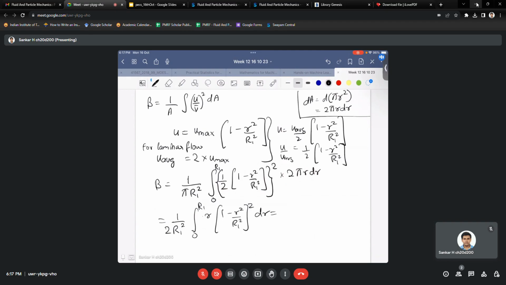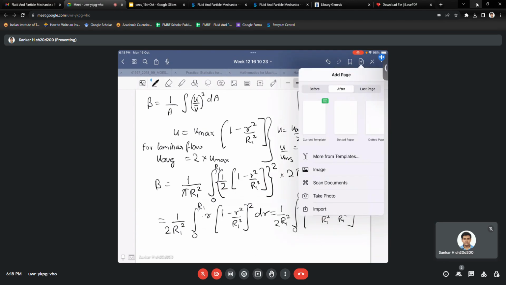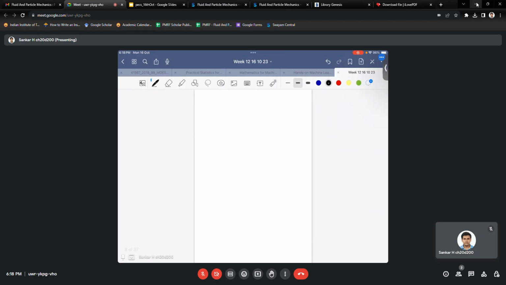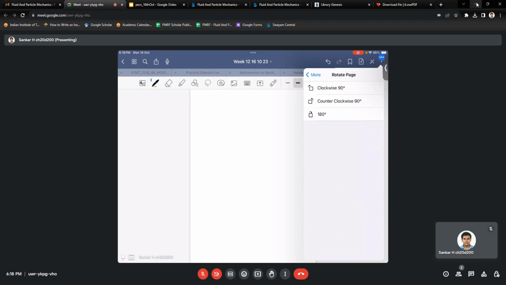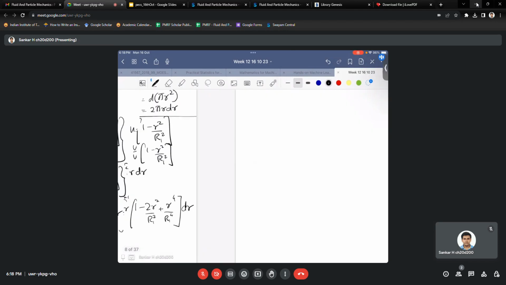Before we integrate, let me expand what is written in that. The integral from 0 to r1 remains the same. Let me write this as 1 minus 2 r square by r1 square plus r raised to 4 by r1 power 4, dr. Again, I can still simplify it.